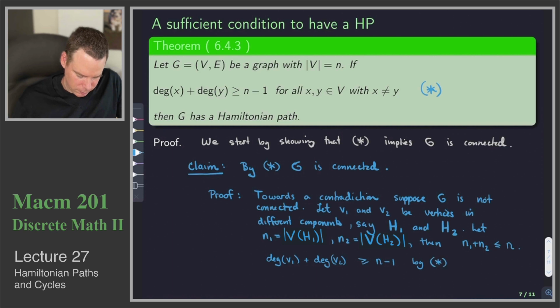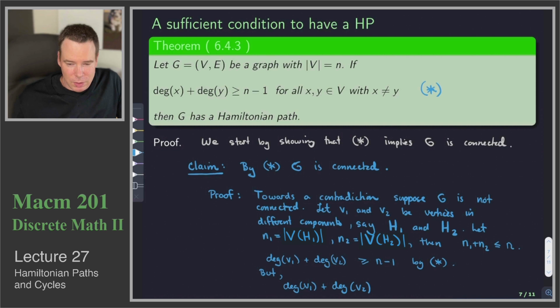But remember, there are at least two components, and V1 is in one component and V2 is in another. V1 is in a subgraph with exactly n1 vertices, and these are graphs, not multigraphs.